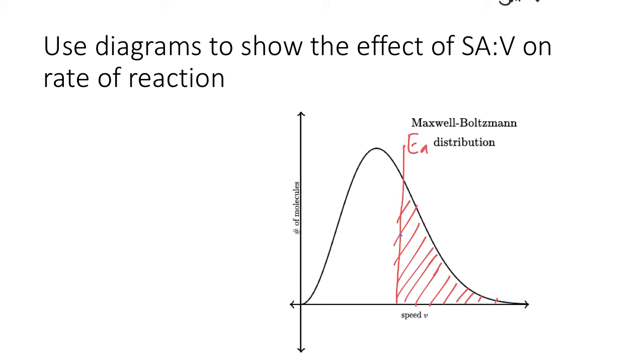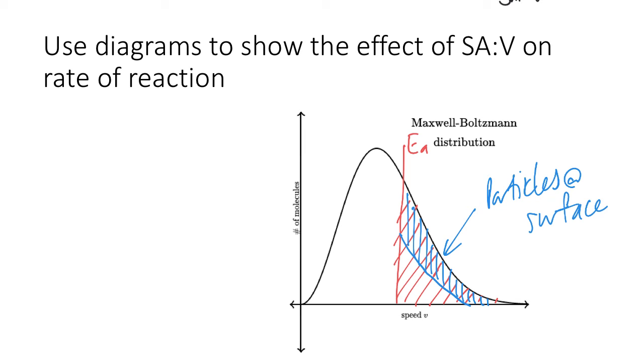Out of all of that red area, only maybe these particles are on the surface. Some of them will have sufficient energy but not be exposed, so they can't react. Only those particles at the surface can react, and so you can show that as a proportion.